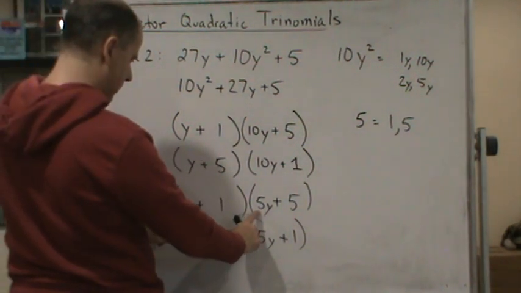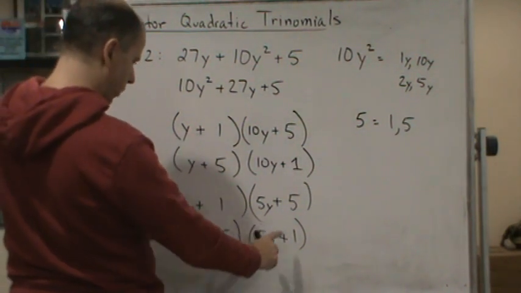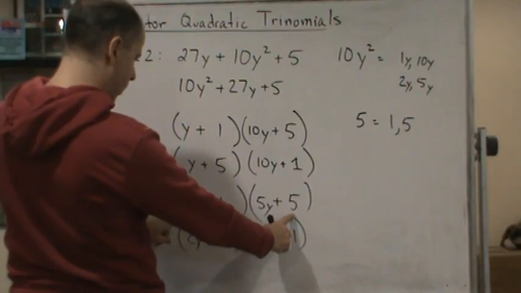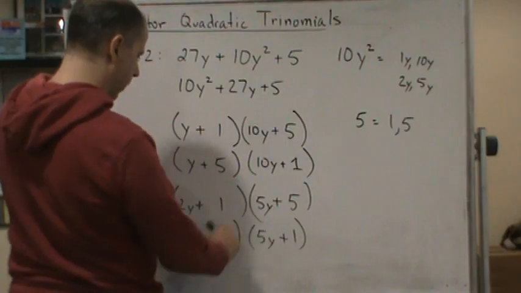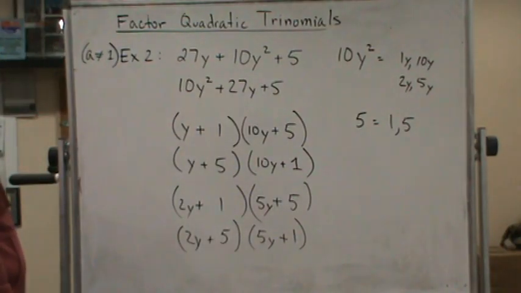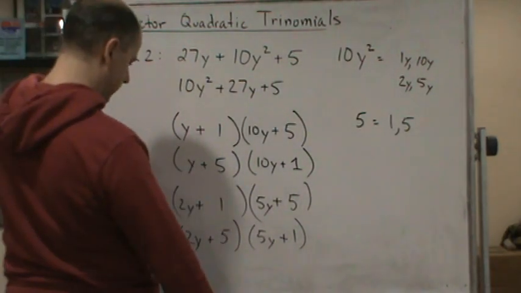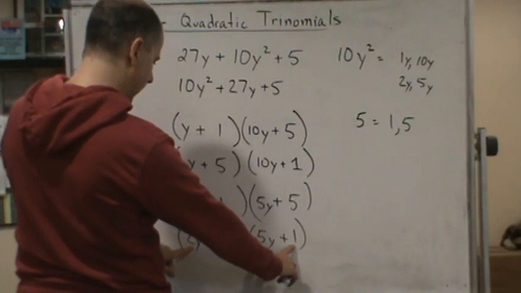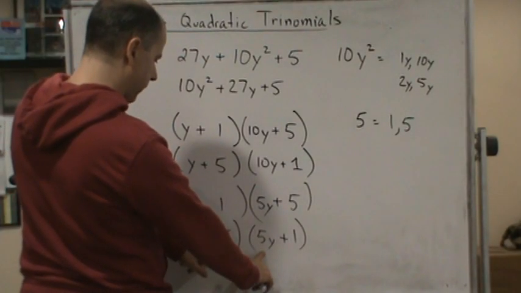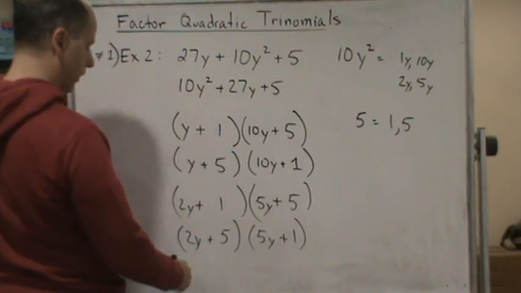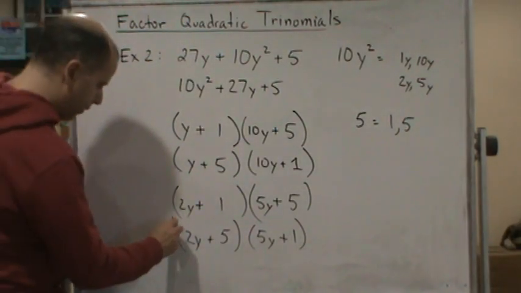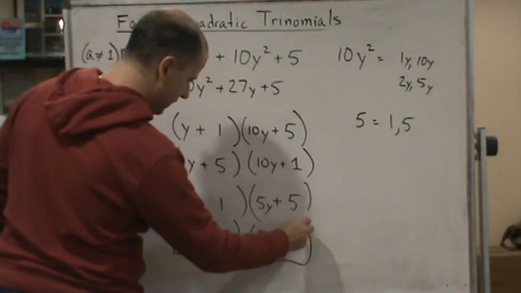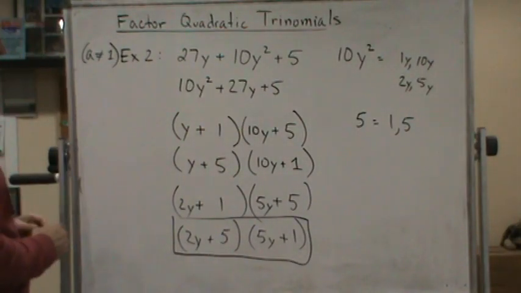This one gives us 10y and 5y, so that's not going to work. And this one gives us 2y and 25y, which does work. So it turns out that the bottom one here is the correct form.